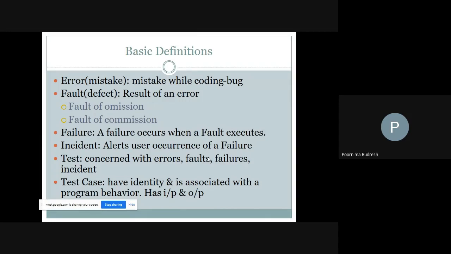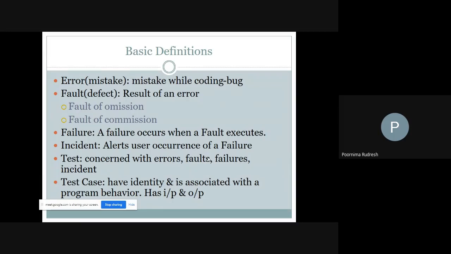Even though you've included the header file, by mistake, instead of typing stdio.h, you typed std.h. Then while executing, the failure occurs. What is the mistake there? You wrongly wrote the header file name, and that is called a fault of commission.